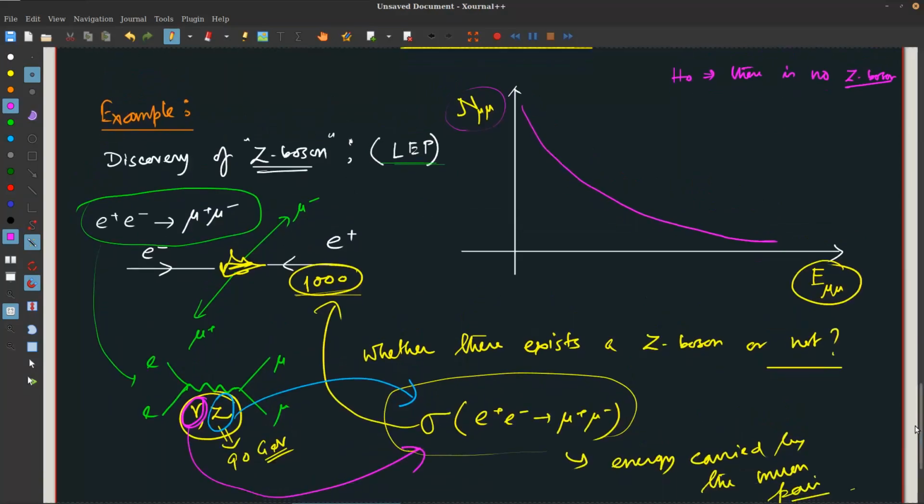Now you notice, so now you actually do the experiment. So this is my H0 prediction. This is quite a robust prediction because I already know quantum electrodynamics and I know how to calculate these things. So this is a prediction.